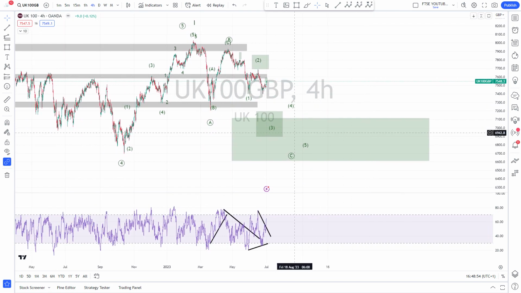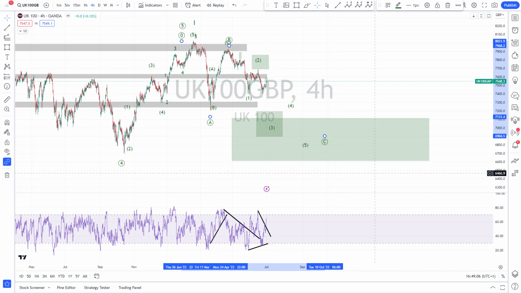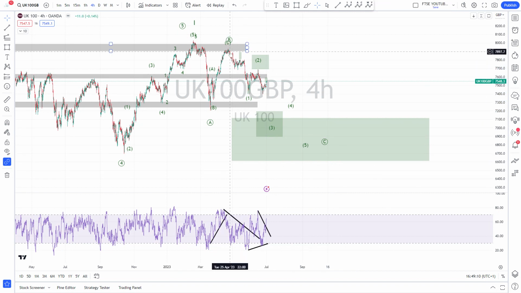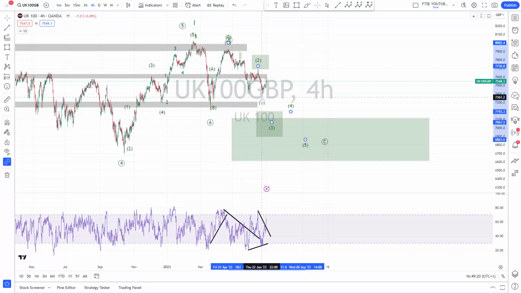So if my Elliott wave count in the higher time frame assumes that we will go here for our wave C, this area, then this looks a better distribution in the lower time frame. So that this was only the 1, this the 2. No, I'm sorry, this one.